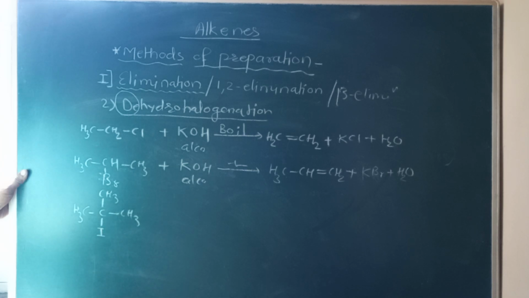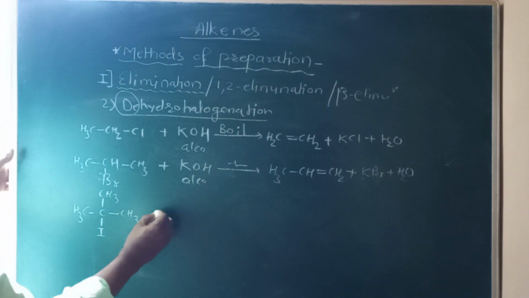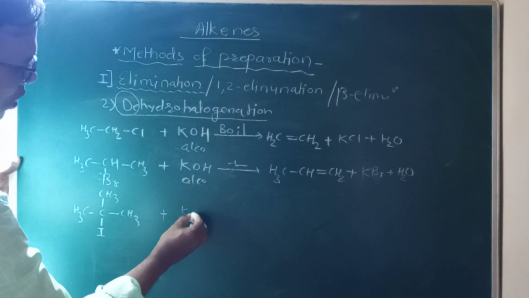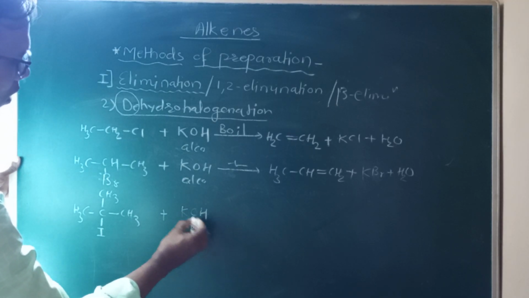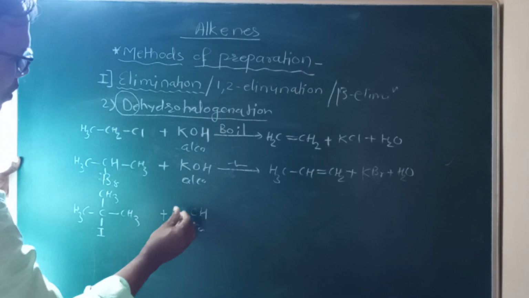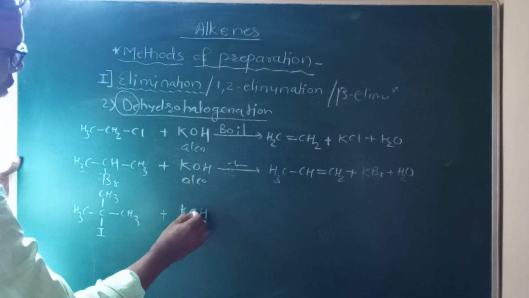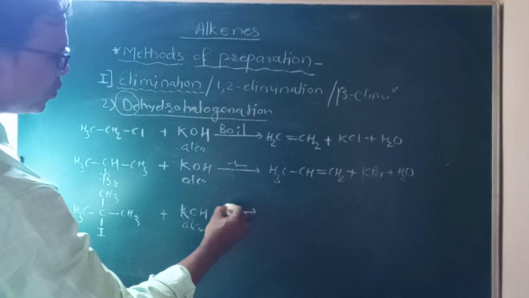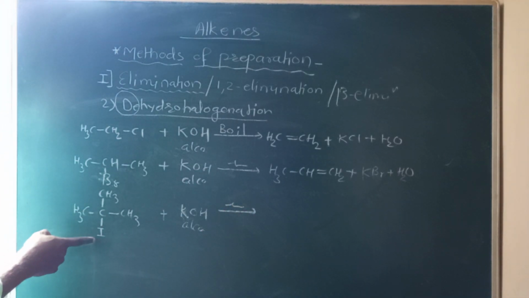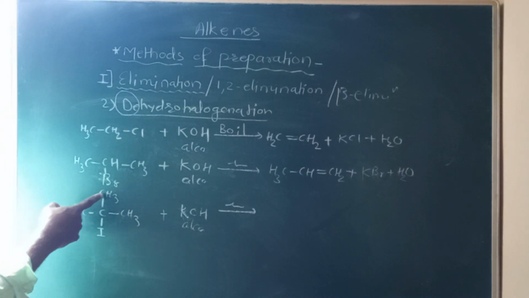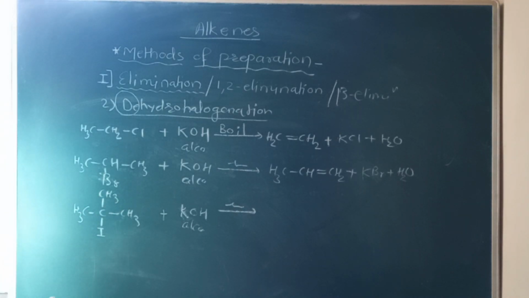Similarly, if I use CH3, then C, then CH3, then CH3, and then let's have iodine as the halogen atom, plus the same thing: an alcoholic solution of KOH, the same base, that is alkali, on boiling this reaction mixture. This carbon carries the halogen atom, so with respect to this carbon, all these three carbon atoms are neighboring carbon atoms. We can remove H from any of them because they are equivalent.